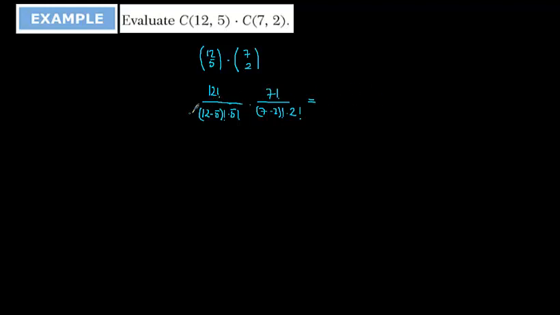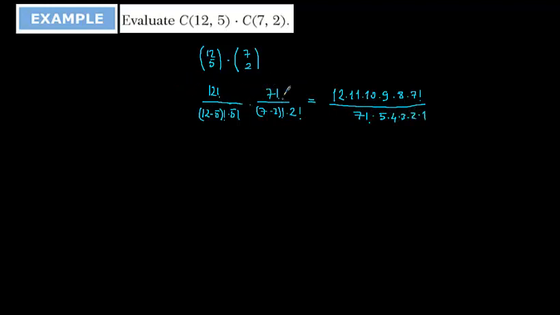12 factorial over 12 minus 5 factorial times 5 factorial, which is equal to 7. So 12 times 11 times 10 times 9 times 8 times 7 factorial over 7 factorial times, I'm going to open 5 times 4 times 3 times 2 times 1. This is the left side.